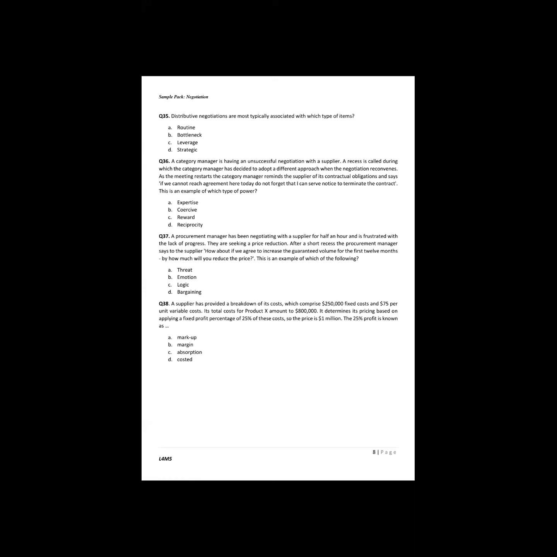They are seeking a price reduction. After a short recess, the procurement manager says to the supplier, how about if we agree to increase the guaranteed volume for the first 12 months? By how much will you reduce the price? This is an example of bargaining.